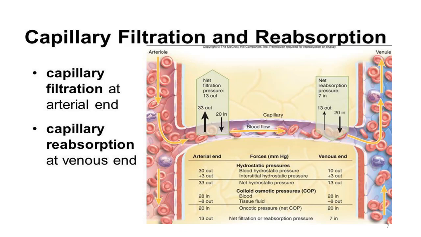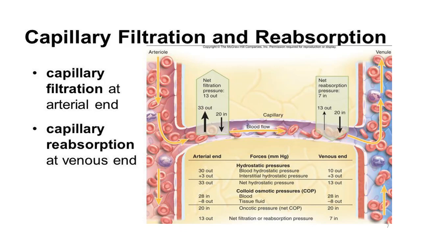And also the permeability of the venous end is higher than the arterial end. This is another reason why we have different blood exchange at different pressures in the arterial end and venous end.